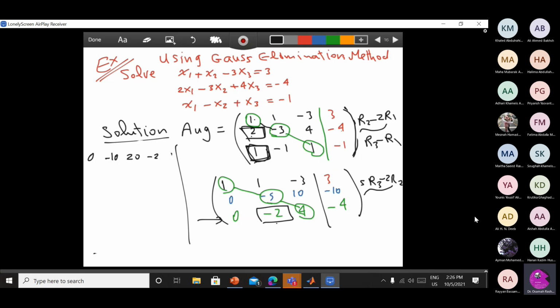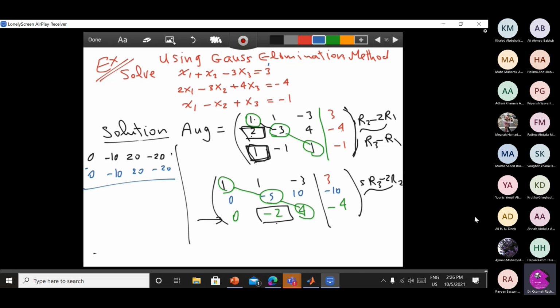Now I'm going to multiply row number 2 by 5, and I multiply row 3 by 5. I multiply R2 by 2. R2 is 0 minus 5, 10 minus 10. When I multiply it by 2, I have 0 minus 10 and 20 and minus 20.